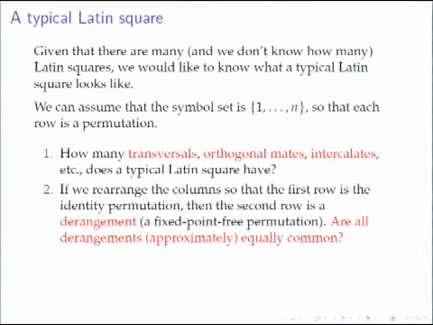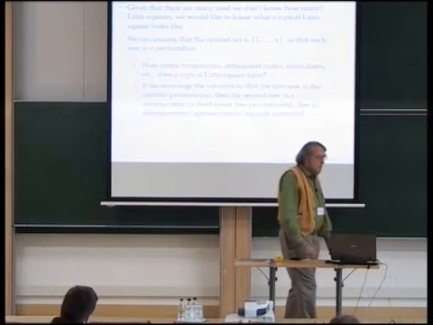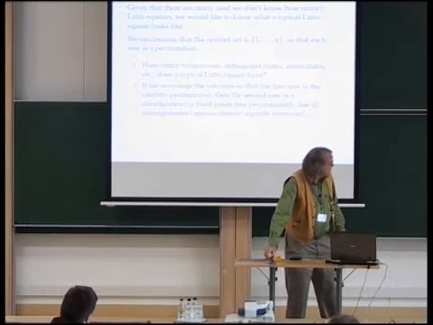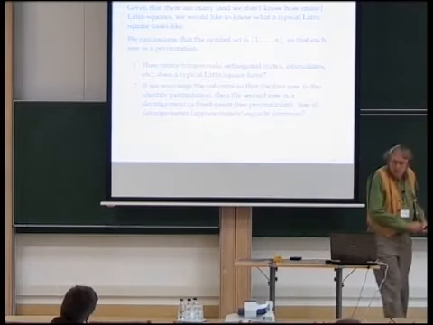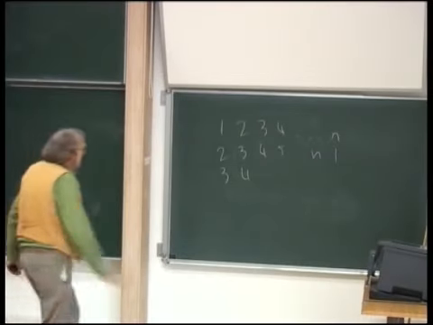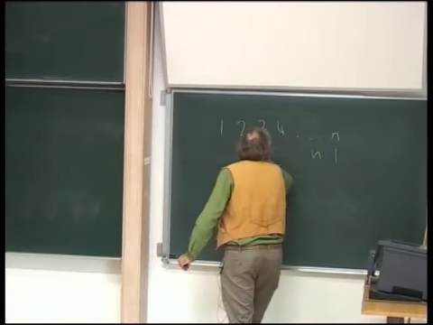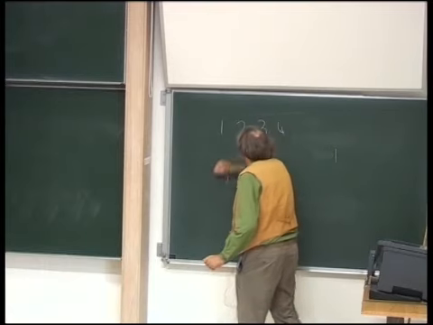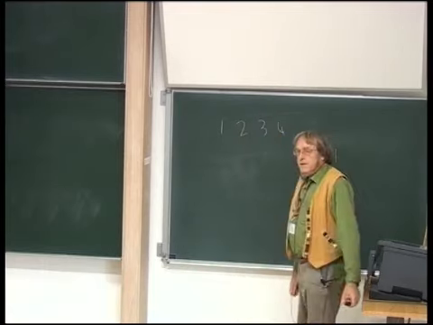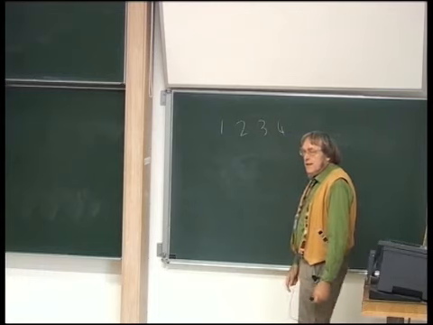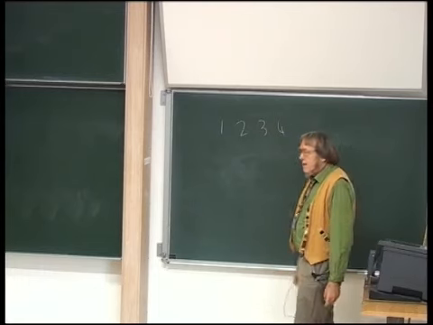Are all derangements roughly equally likely for a random Latin square? They won't be exactly equally likely because, for example, if you take n equals 4, if you start off 1, 2, 3, 4, there are essentially two different ways that you can continue.